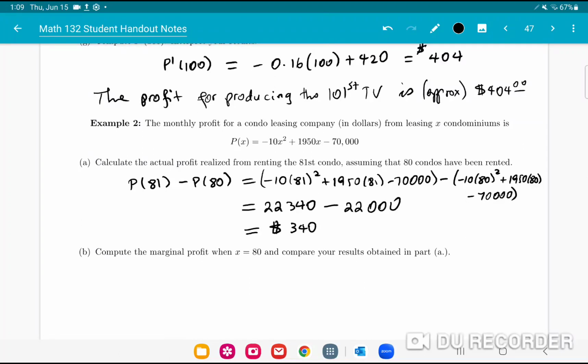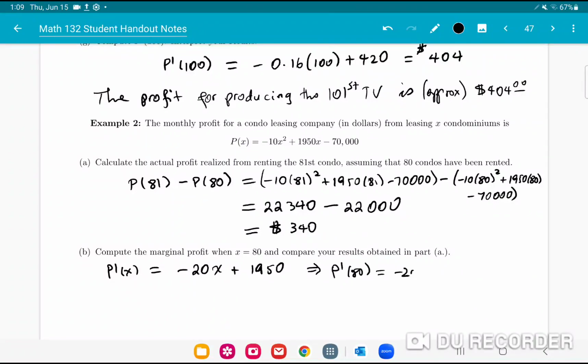Let's calculate the marginal profit, and we're going to plug in 80 and see the comparison. I'm differentiating this, taking the derivative of that, so minus 20x plus 1950. So that's the marginal profit. So we want to calculate P prime at 80.